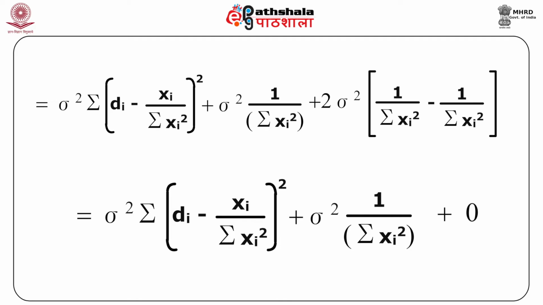Since summation di xi is equal to 1, this is equal to sigma square summation (di minus xi divided by summation xi square) whole square plus sigma square 1 upon summation xi square plus 0. To minimize variance alpha 1, try to equate the first term to 0.